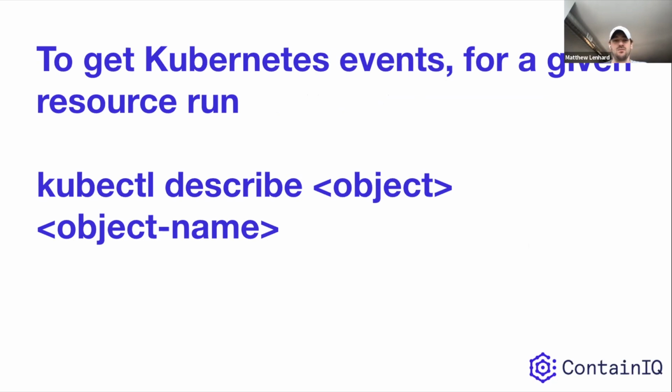So in this case, kubectl describe pod and then the name of the pod. I'll show a walkthrough of that later. I can't actually flip up my terminal now, but it's pretty straightforward. It'll list all of the events for that given Kubernetes object.